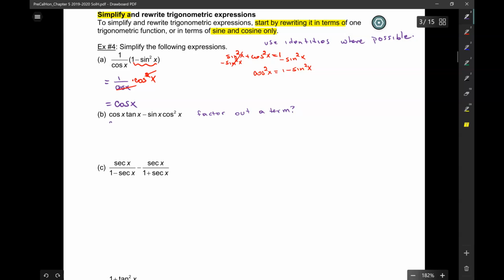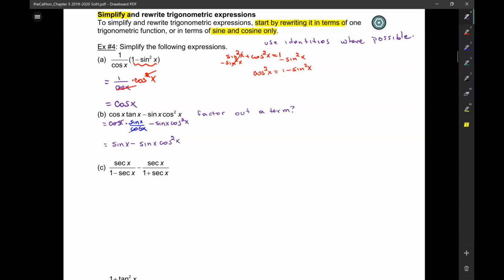So here I have cosine x times sine x over cosine x minus sine x cosine squared x. I'll color code as much as I can so you see where the changes are. What can cancel out here? How gratifying is that? Now I have sine x minus sine x cosine squared x.